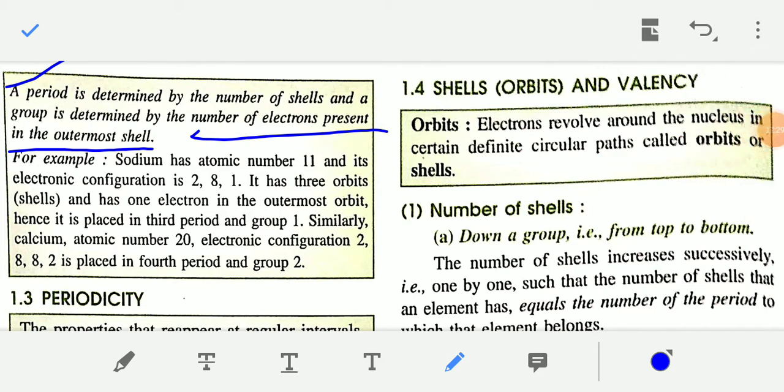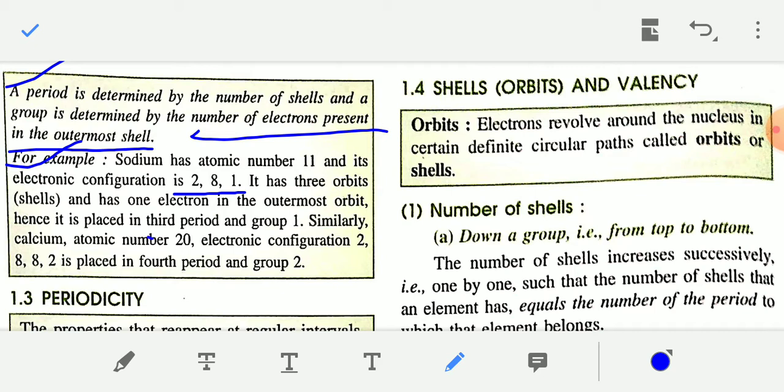For example, sodium has atomic number 11, that is 11 electrons, and its electronic configuration is: 2 electrons in the first cell, 8 in the second cell, and 1 in the third cell. That is, in the K cell 2 electrons, L cell 8 electrons, M cell 1 electron. So in sodium there are a total of 3 cells present, and that's why sodium is a third period element.